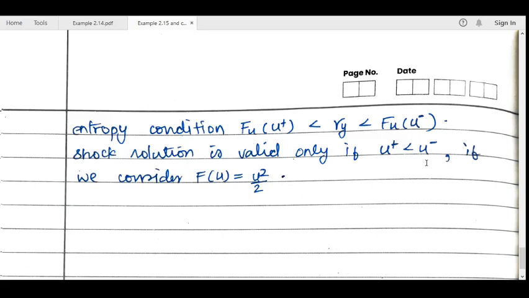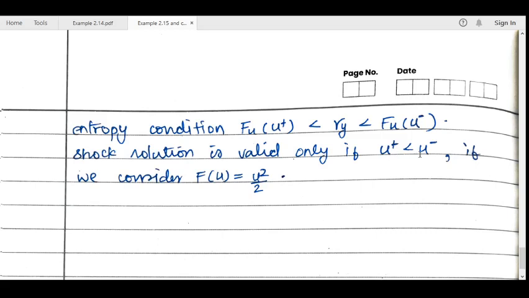The characteristic at the back will overtake the one in front, and they will intersect at a point. So at that point there will be a problem. That is, when u minus is greater than u plus, only then will a shock solution be valid.